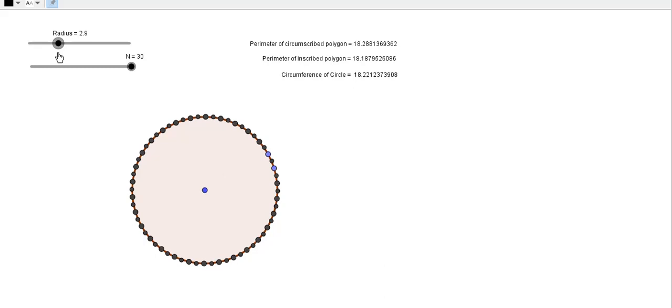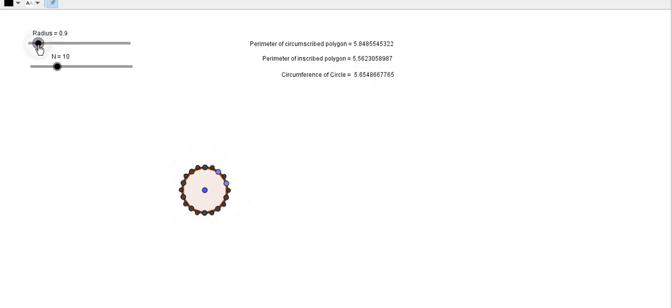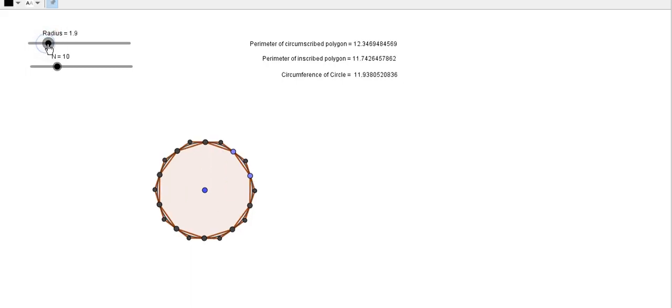Okay, so again, for the observation table, I want you to notice the circumference of the circle and try to relate it in terms of pi. So we already know when there's a radius of 1, the circumference was 2 pi. Now, if you look at the radius of 2, it's 12.56, and that looks like about double what the circumference was with a radius of 1.